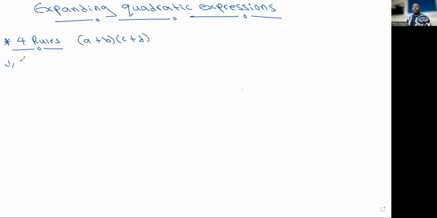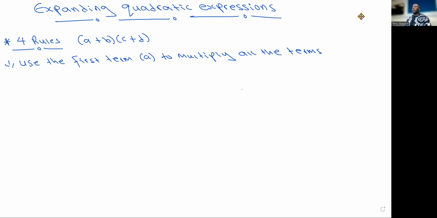I'm going to write it here again for those taking notes. That means you use the first term, that is the A in this case, to multiply all the terms in the second bracket.